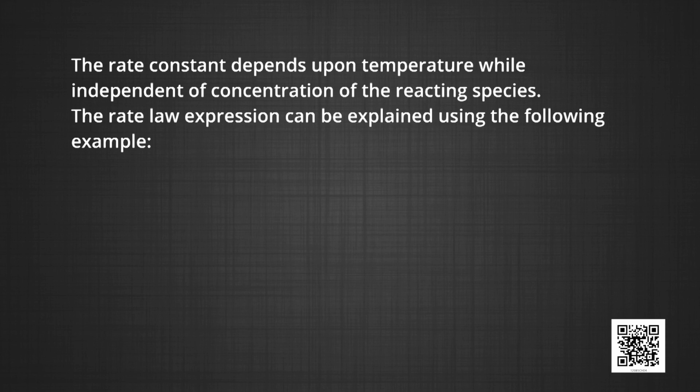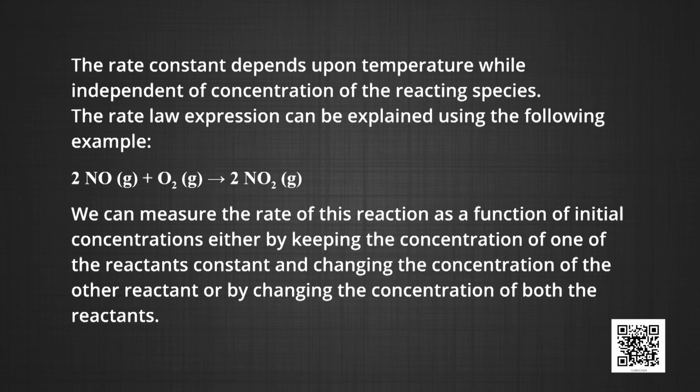The rate law expression can be explained using the following example: 2 moles of nitric oxide plus 1 mole of oxygen gives 2 moles of nitrogen dioxide. We can measure the rate of this reaction as a function of initial concentration, either by keeping the concentration of one of the reactants constant and changing the concentration of the other reactant, or by changing the concentration of both the reactants.